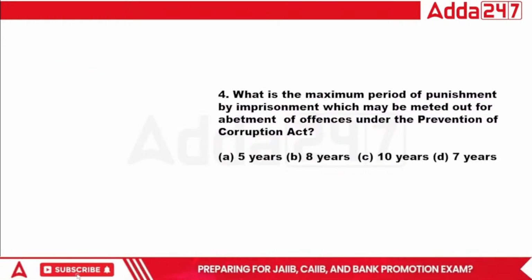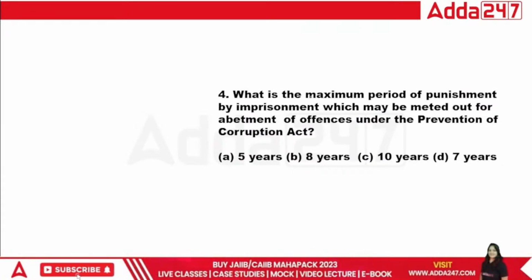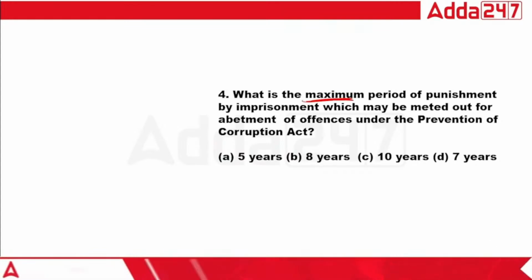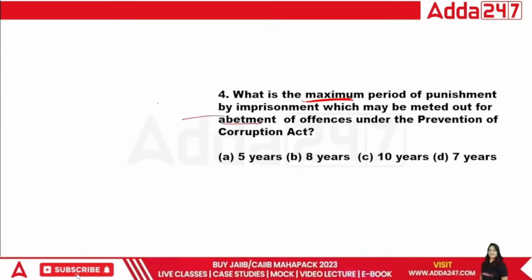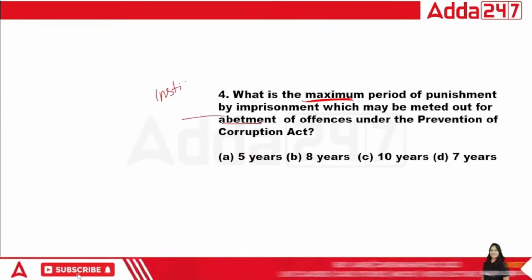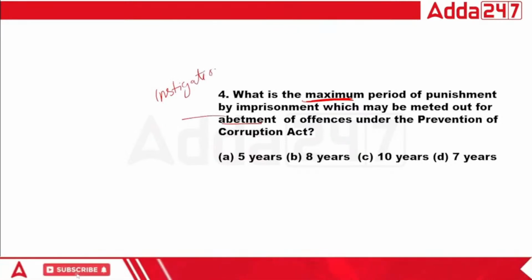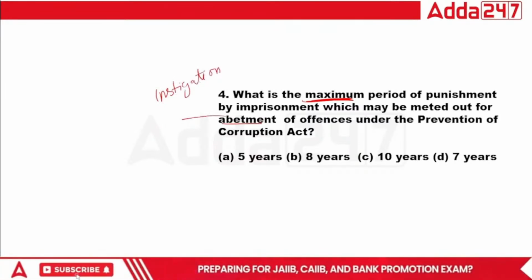Now, what is the maximum period of punishment by imprisonment which may be meted out for the abetment of an offense? What is abetment? To instigate. What is abetment? Instigation of offenses. So what is the right answer?